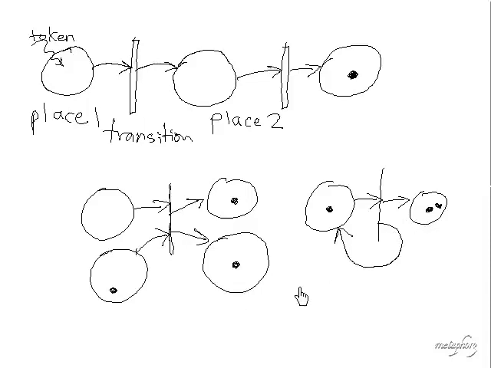Now, there are other cases. There's all kinds of varieties of Petri nets, and we won't really go over this except to specify one example of it. But you can do things like this. You can have multiple arcs from a place to a transition. You could do something like this.